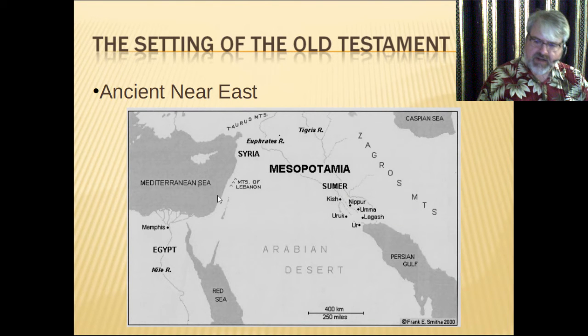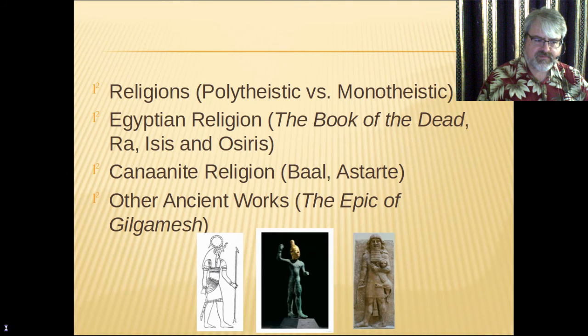Then they're finally released back to the Holy Land. So most of the action, with the exception of Jonah, takes place all here in this area, which is helpful to us because a lot of these places we can actually go back to and look at.